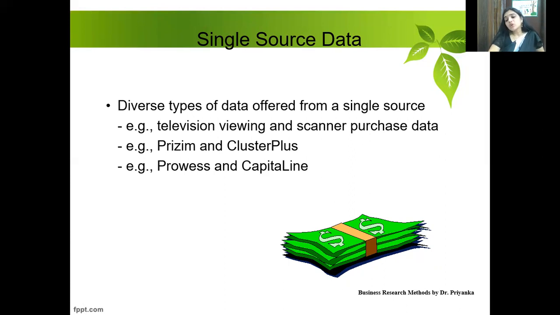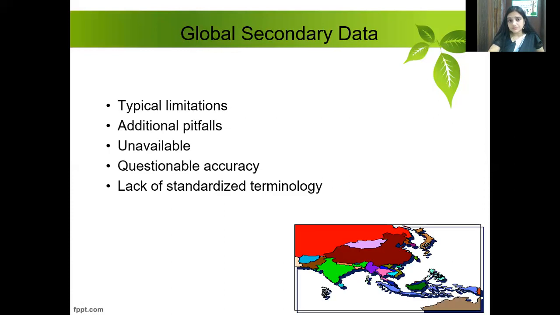Because when you want to collect data of a company for 10, 20, or 30 years, or data of 100 companies for 10 years, it might take you months or even years, right? But with databases like Prowess and Capitaline, you can collect data within hours. So it's very easy these days through single source data from secondary sources.